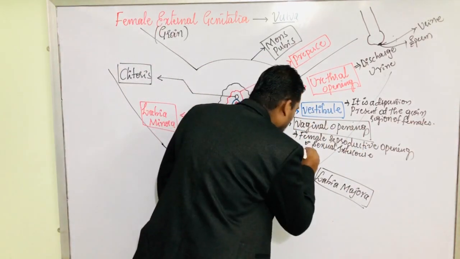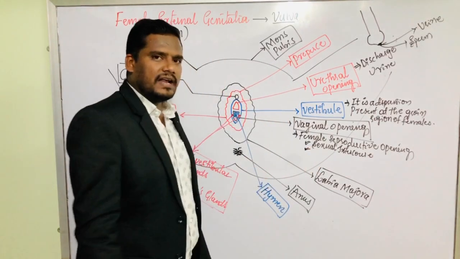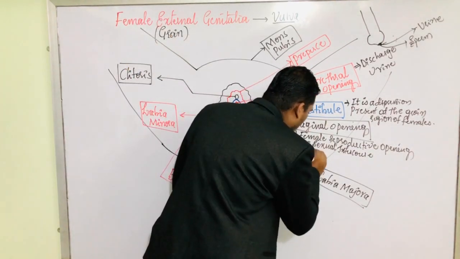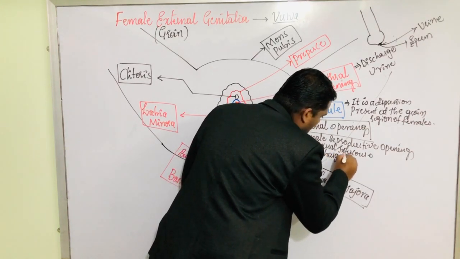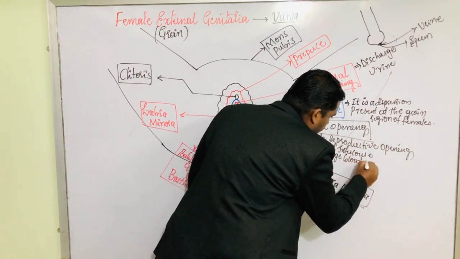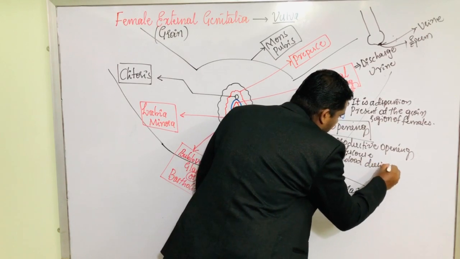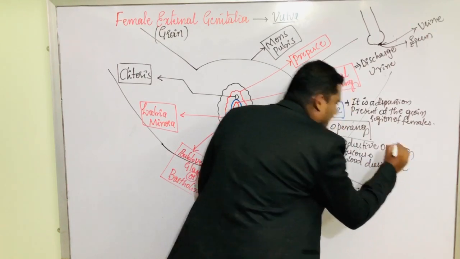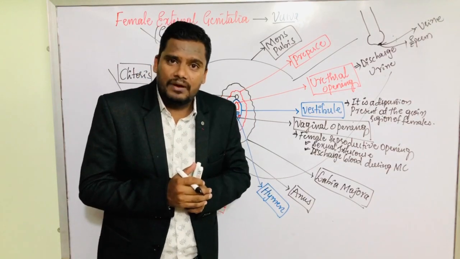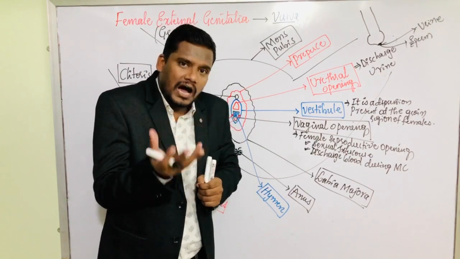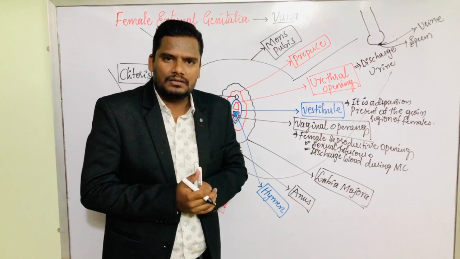Then the second main function of the vaginal opening is to discharge blood during menstrual cycles. During the menstrual cycles in a mature female, blood gets discharged for 5 days in a month.